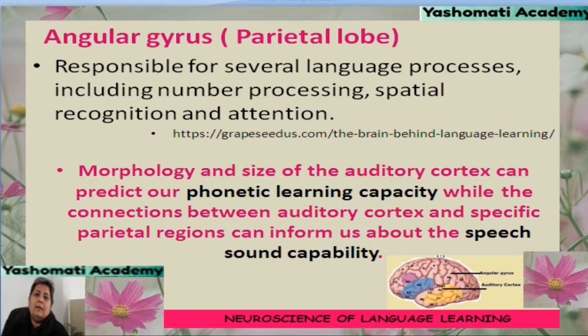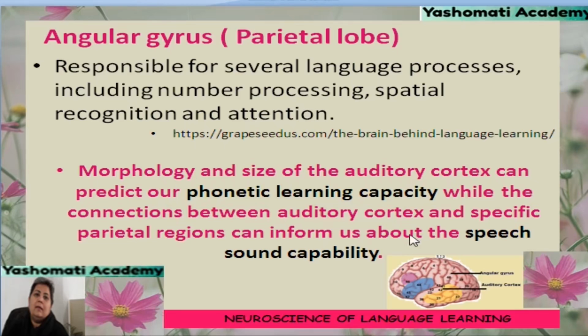Whereas agraphia is a disorder in which there is loss of ability to communicate through writing, either due to some form of motor dysfunctioning or inability to spell. Because these abilities are also related to language learning, angular gyrus is also a very important part.